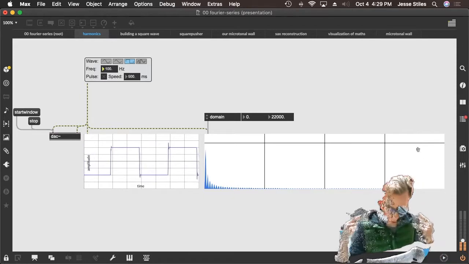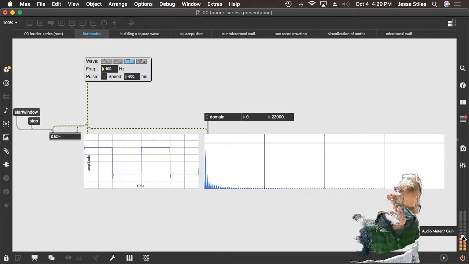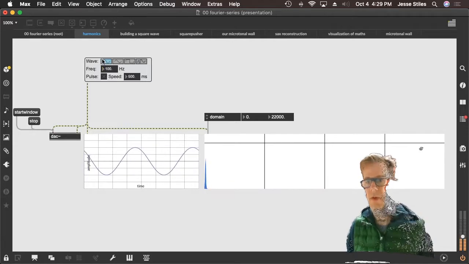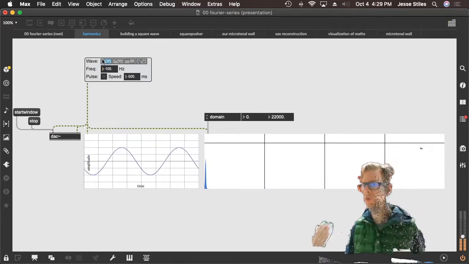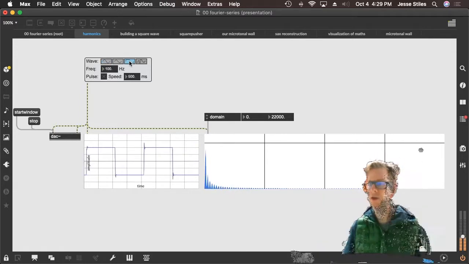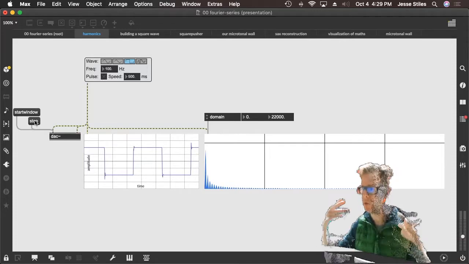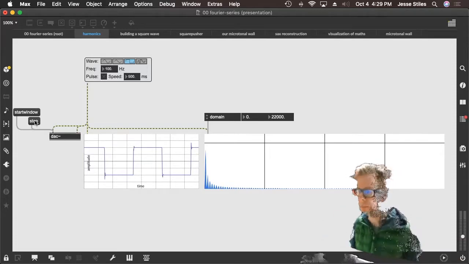We can hear a pretty obvious difference in sound quality. So this has the same frequency as the sine wave, but it's a much brighter sound. So it has all these harmonics that make it a brighter, richer sound with a different kind of timbre.